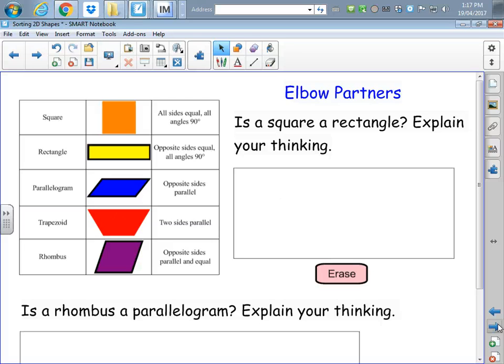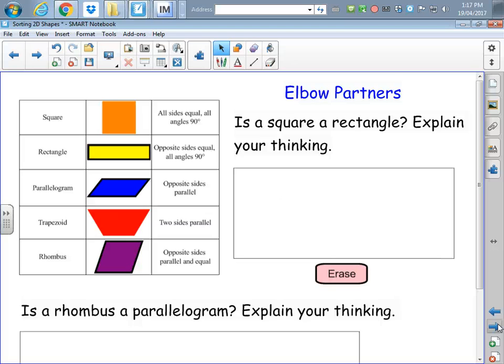So our next little discussion, we're going to talk with our elbow partner. I want you to discuss, convince me, is a square a rectangle? Got it?